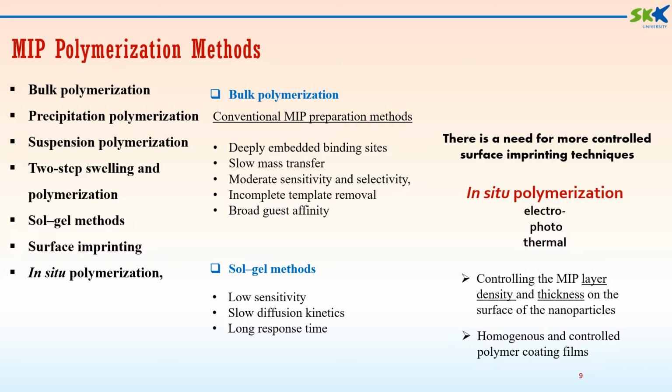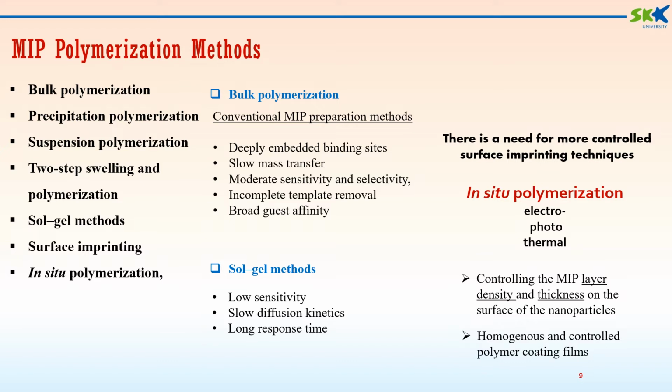Deeply embedded binding sites are created, which results in slow mass transfer, and finally moderate sensitivity and selectivity, because of the incomplete template removal. Because of the deeply embedded binding sites, we cannot completely remove the template.